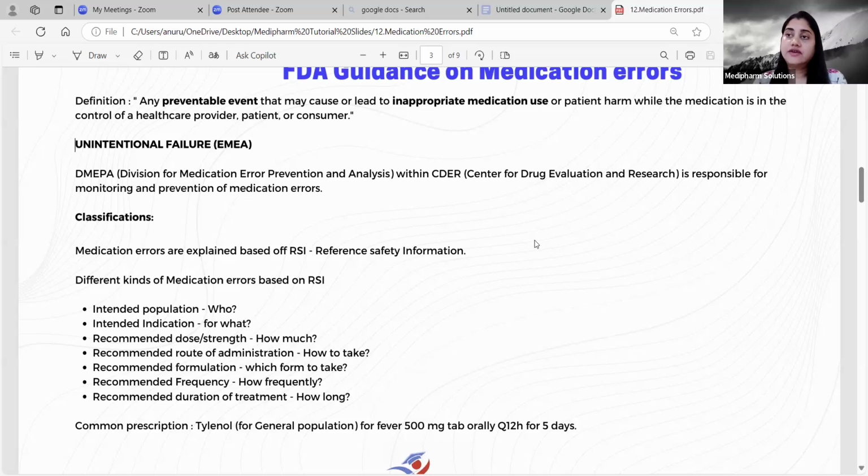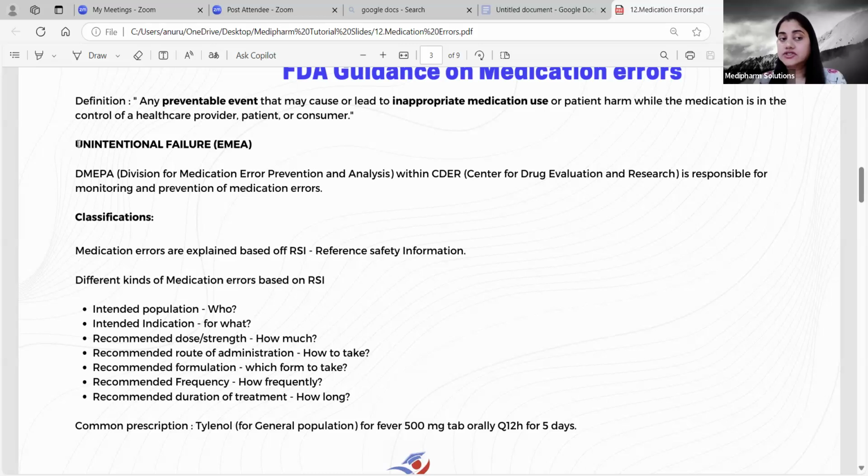Like for FDA guidance on medication error, for an example, hair loss in chemotherapy, which is a common side effect. It happens. And medication error is human error. That is something which is preventable, which can be prevented if being careful, but it is also sometimes unintentional failure.